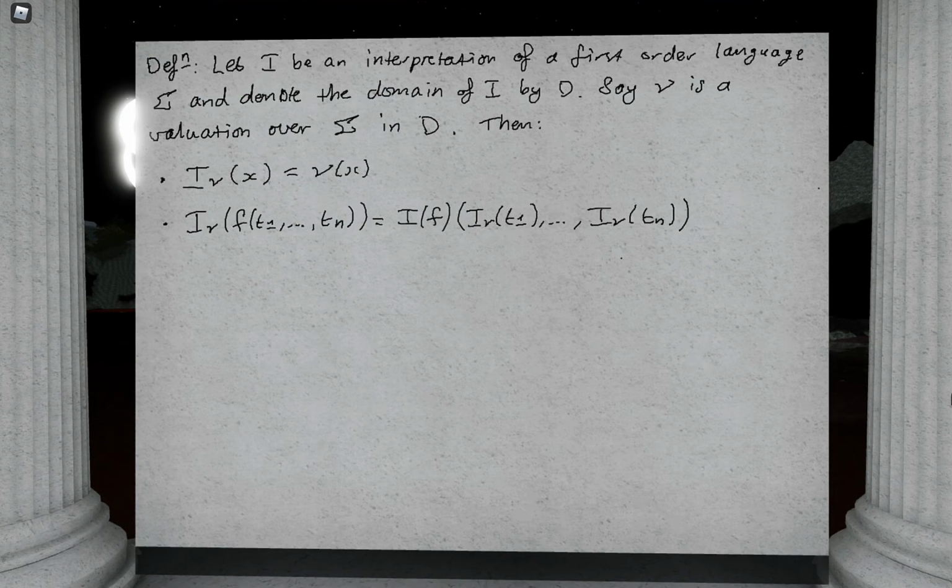Could you maybe give an example of interpreting a particular term? Sure.